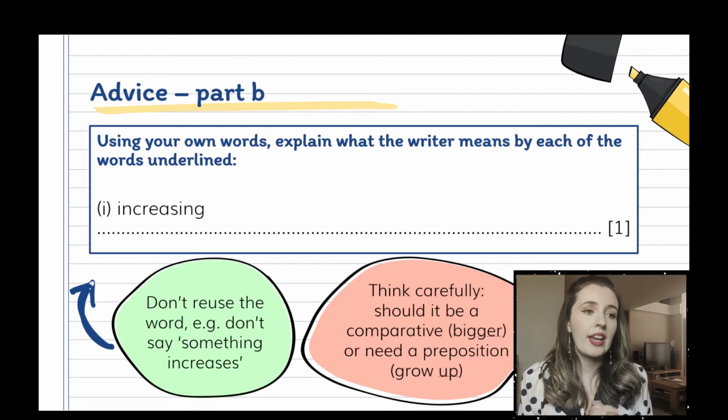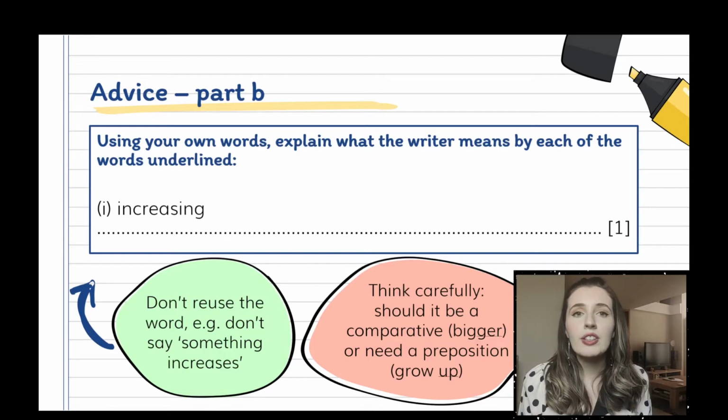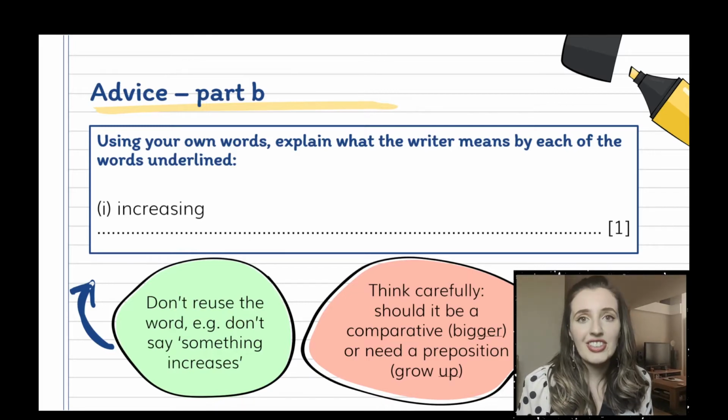Or if it's something like grow up, where you've got one of these phrasal verbs with a preposition, you couldn't just say grow, right? So you need to think really carefully about the word and the structure of the word, the type of word that's being used there to make sure that you really give an accurate definition.